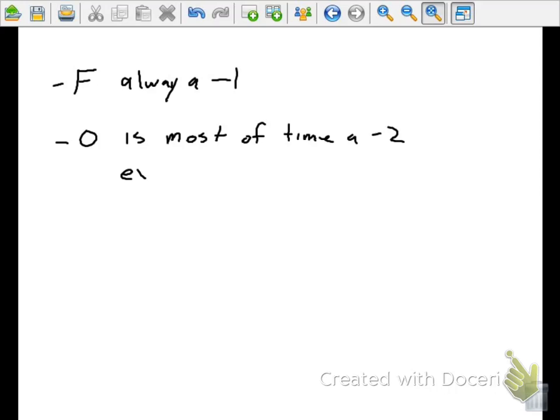Exception is when it's with fluorine. I'll give you the exception. So if we have OF2, then fluorine is always a -1. So oxygen's a +2 there. That's the only time that oxygen's a +2. Everything else, for the most part, is going to be a -2.